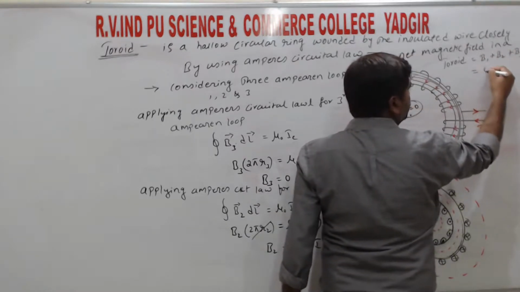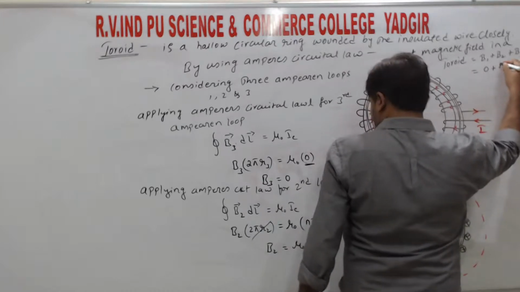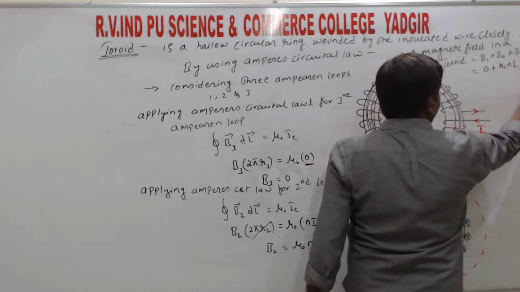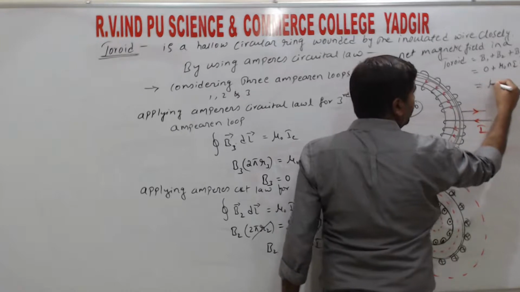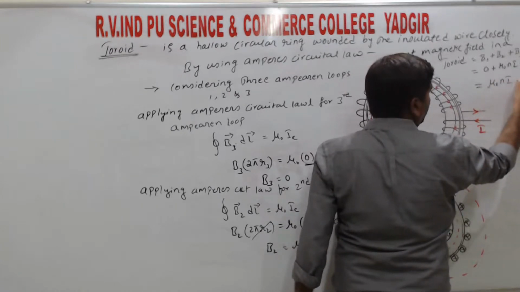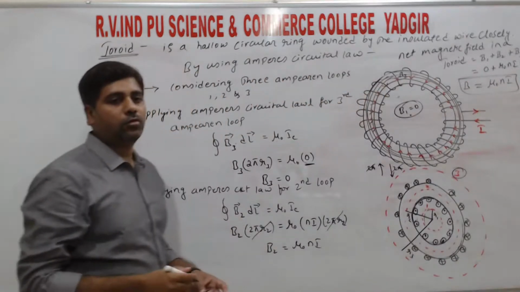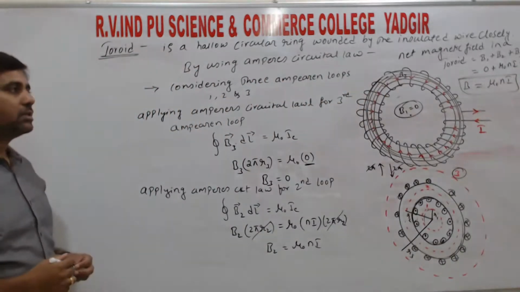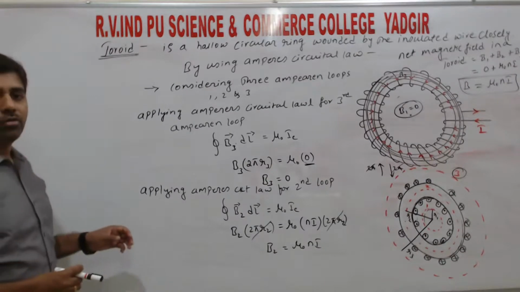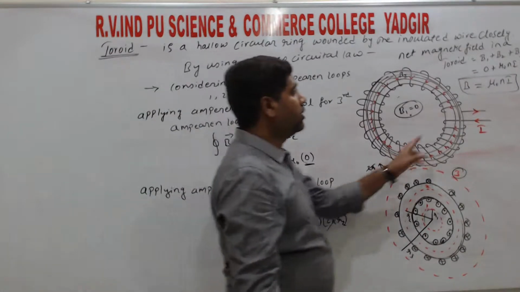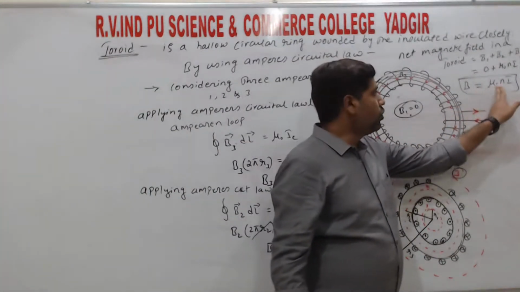So that is equal to 0 plus mu naught nI plus again 0. So the total magnetic field B is equal to mu naught nI, right? So what value do we get for both? We get the same. So for the solenoid and the toroid, the magnetic field is the same relation, B equals mu naught nI.